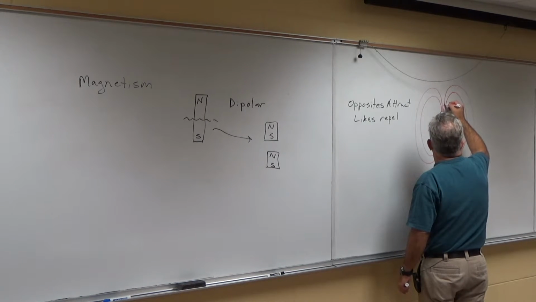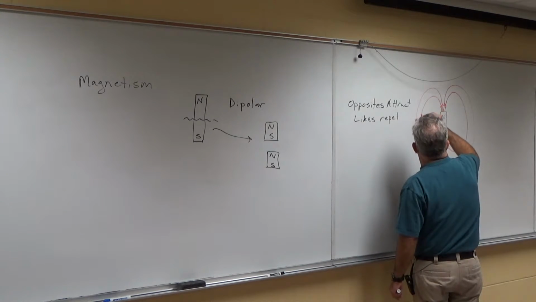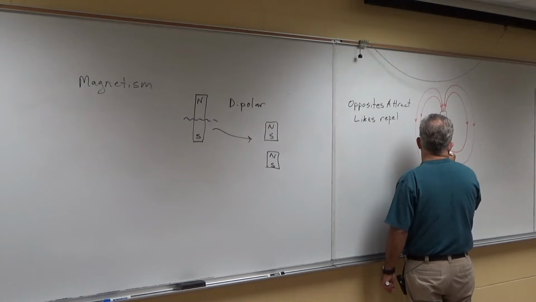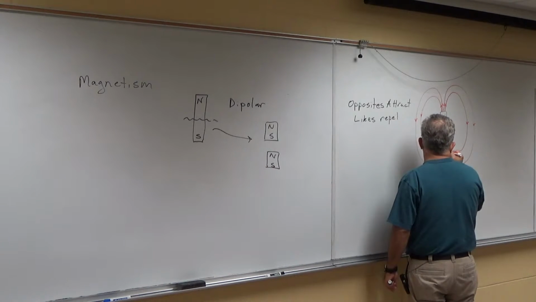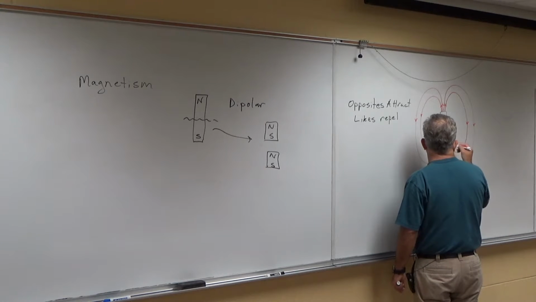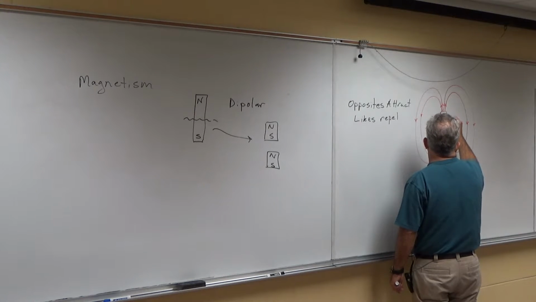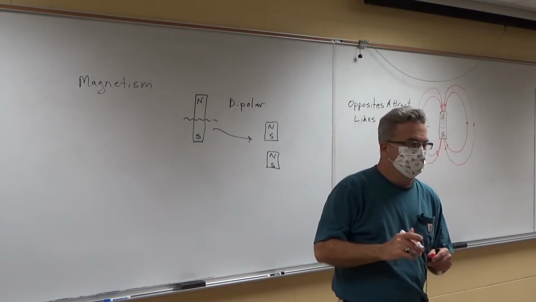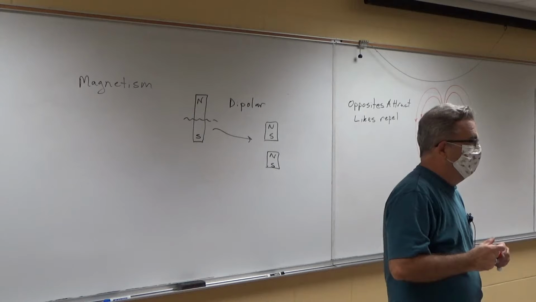They exit the North Pole and they enter in the South Pole. And they're always closed loops, so the field lines actually go through the magnet. There are lots of interesting implications for those being closed loops.